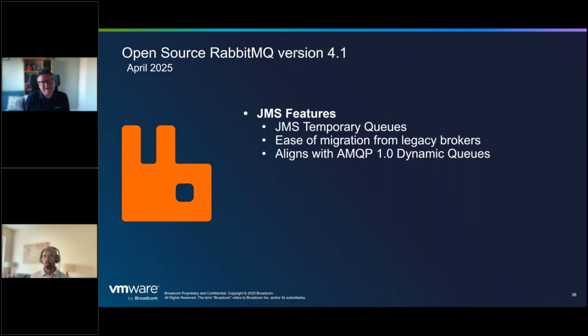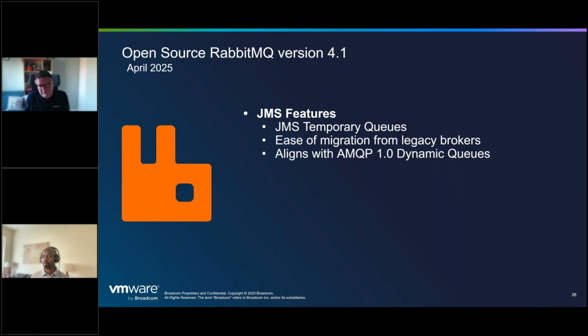So over the coming releases, you're going to see more JMS type features in RabbitMQ, and this is going to allow AMQP clients to create RabbitMQ exclusive queues, which map really nicely to JMS temporary queues.